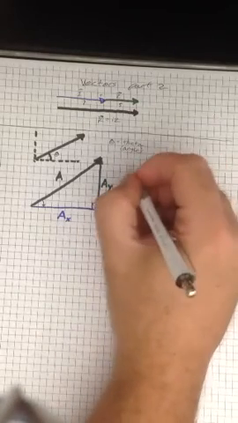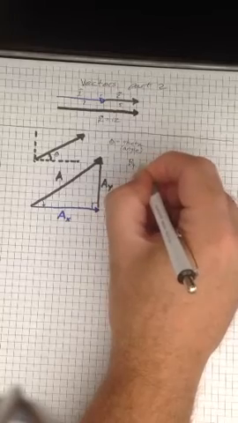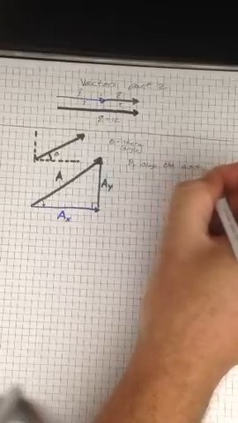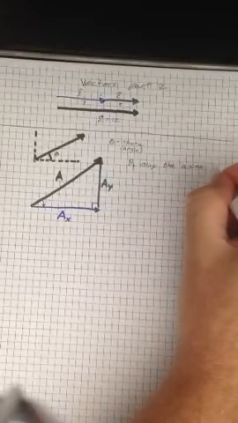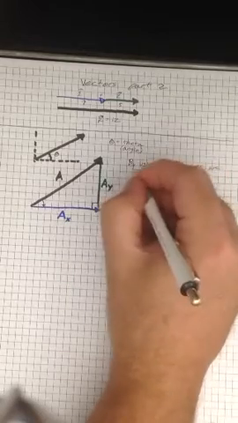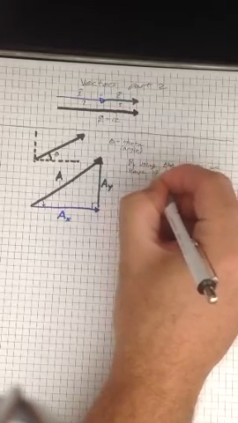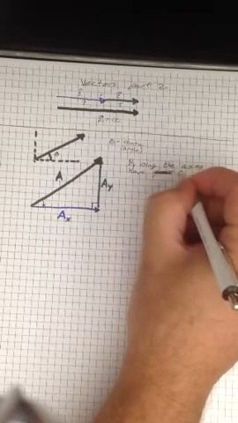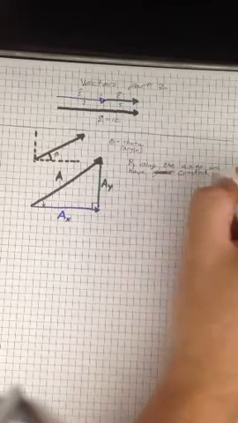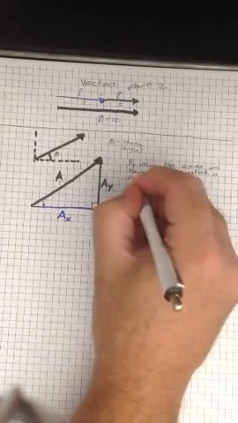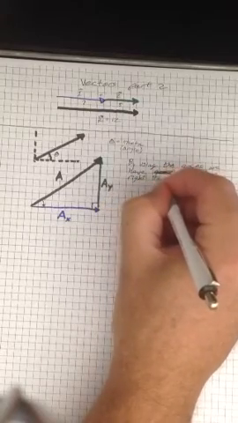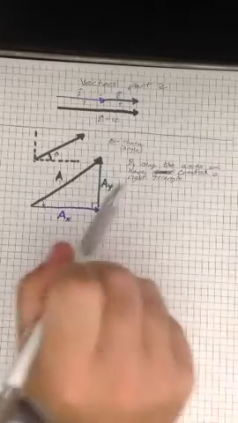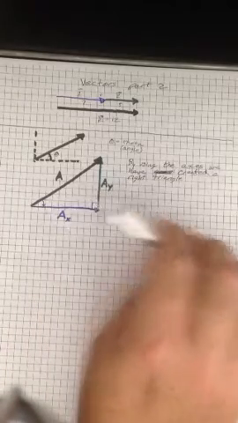So by using the axes, we have created a right triangle. Okay, and right triangles are very easy to deal with.